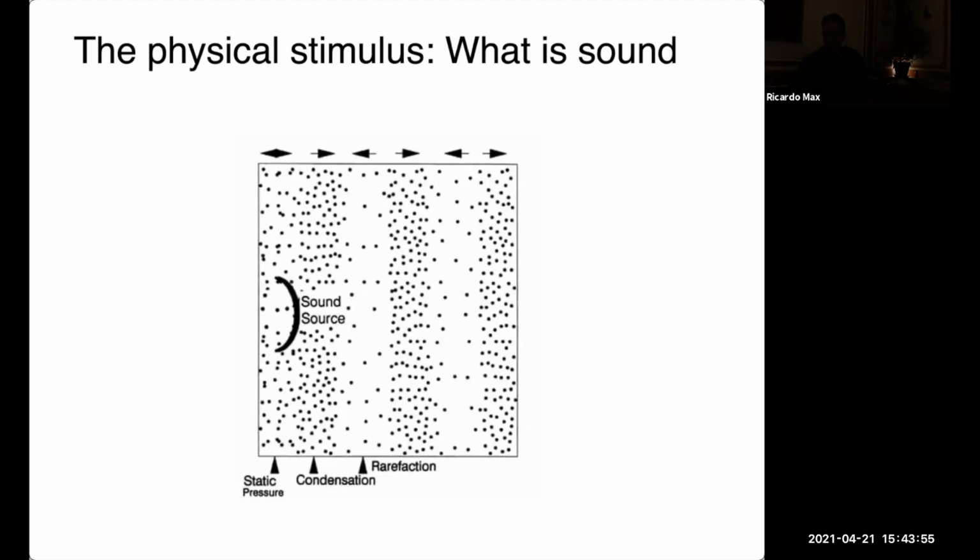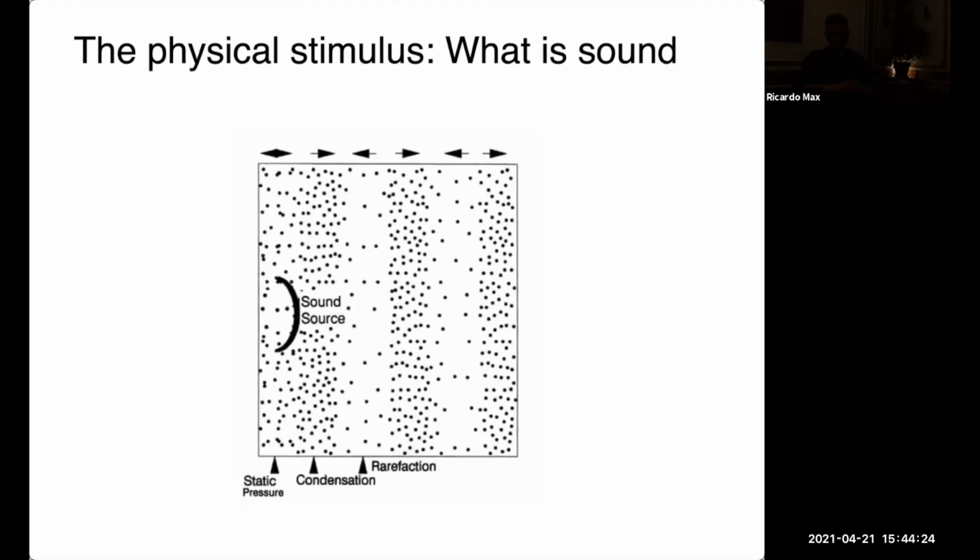Which means that underwater we hear just as well, even better for some frequencies, because water is denser. The speed of sound on the surface of the Earth is about 340 meters per second.